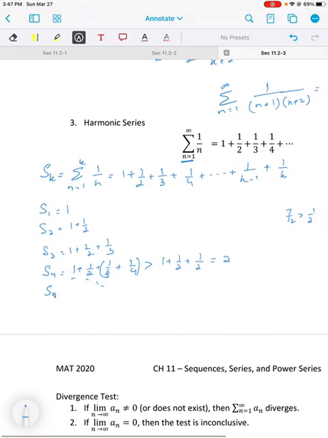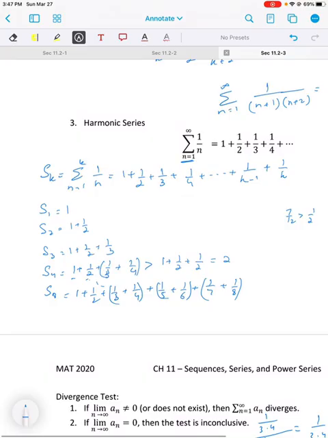Now if we look at S8, for example, so what will that be? This is going to be 1 plus 1/2 plus 1/3 plus 1/4 plus 1 over 5 plus 1 over 6 plus 1 over 7 plus 1 over 8. So we kind of do the same trick here. Combining these two and these two and these two.